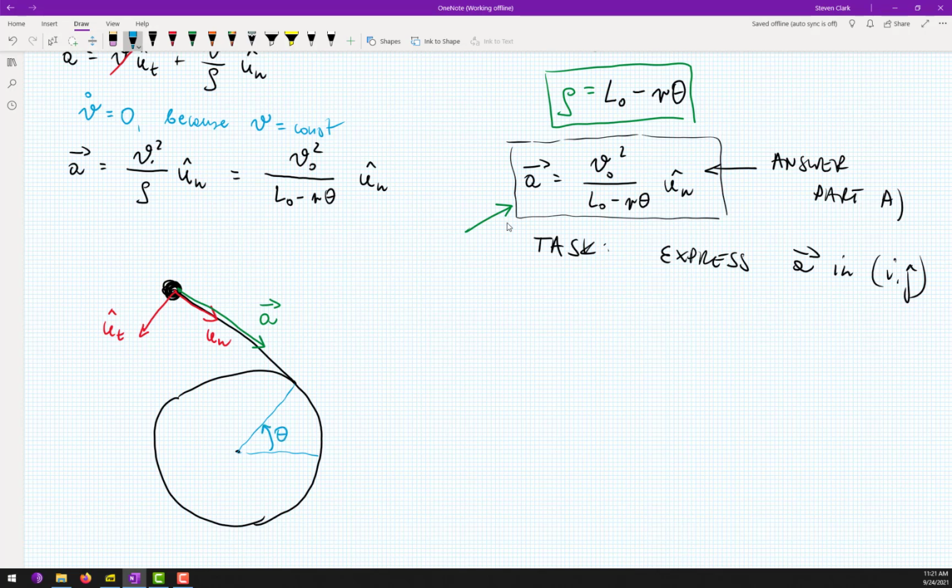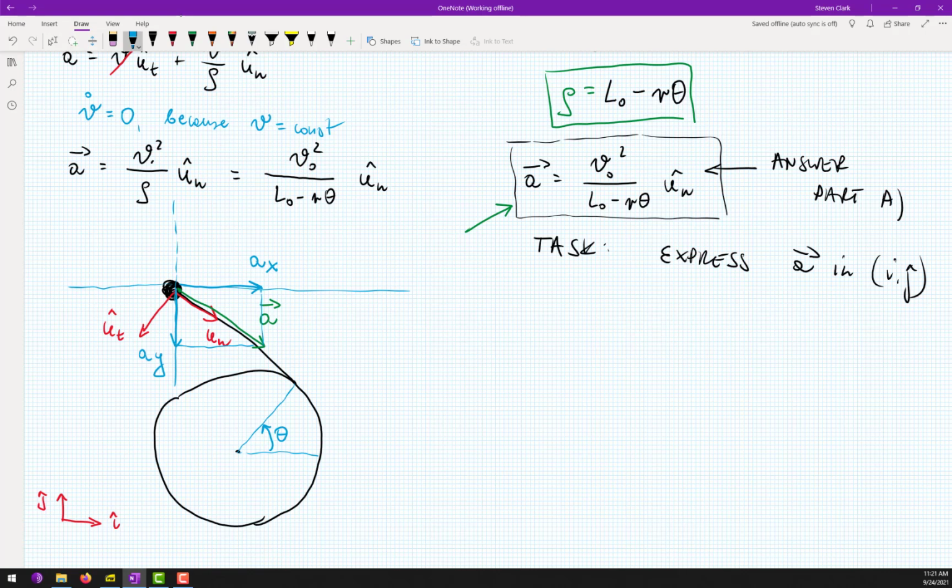So I think they would like us to express A in this coordinate system, I and J. Yeah, so we must do such two projections. We must have AX and AY.